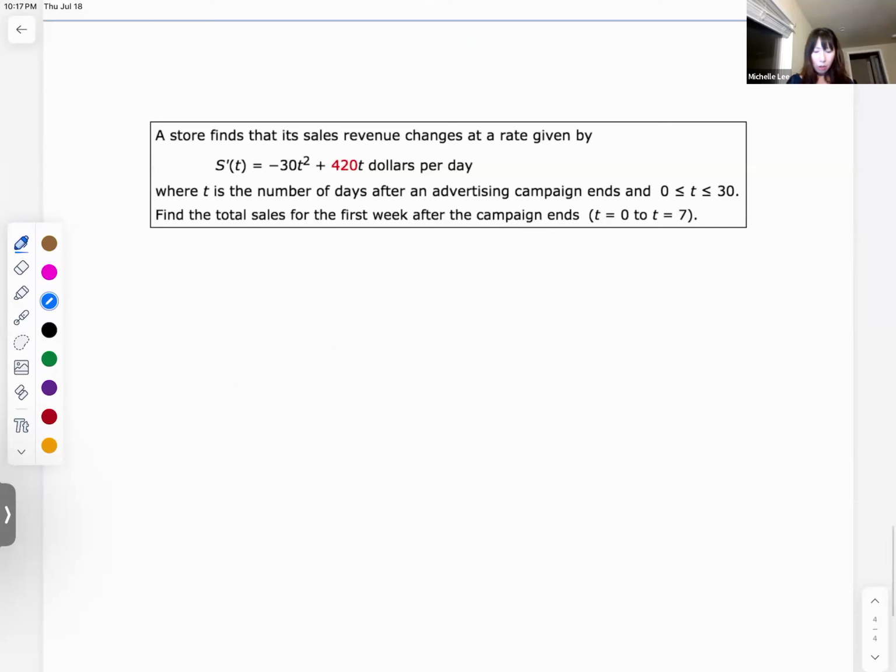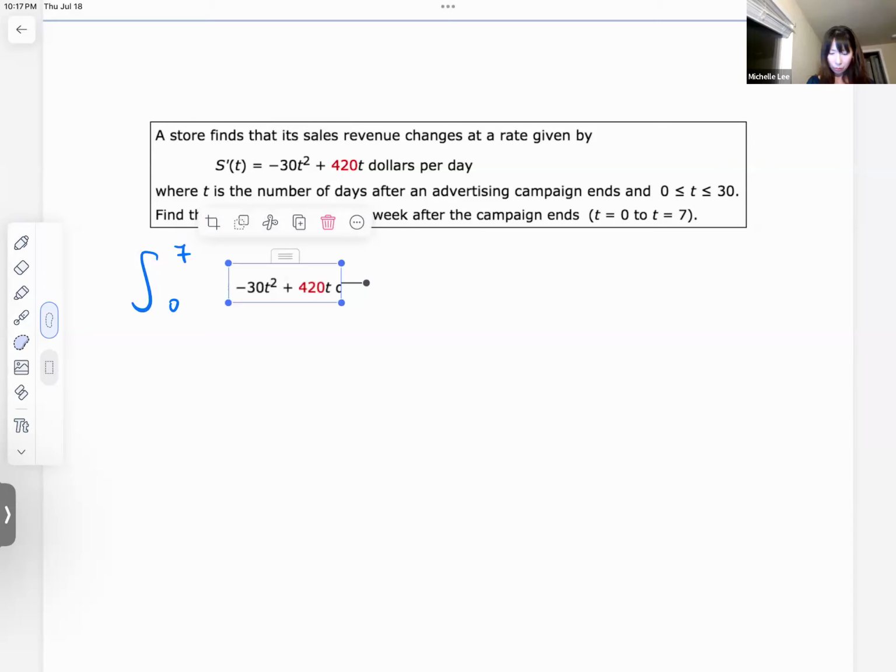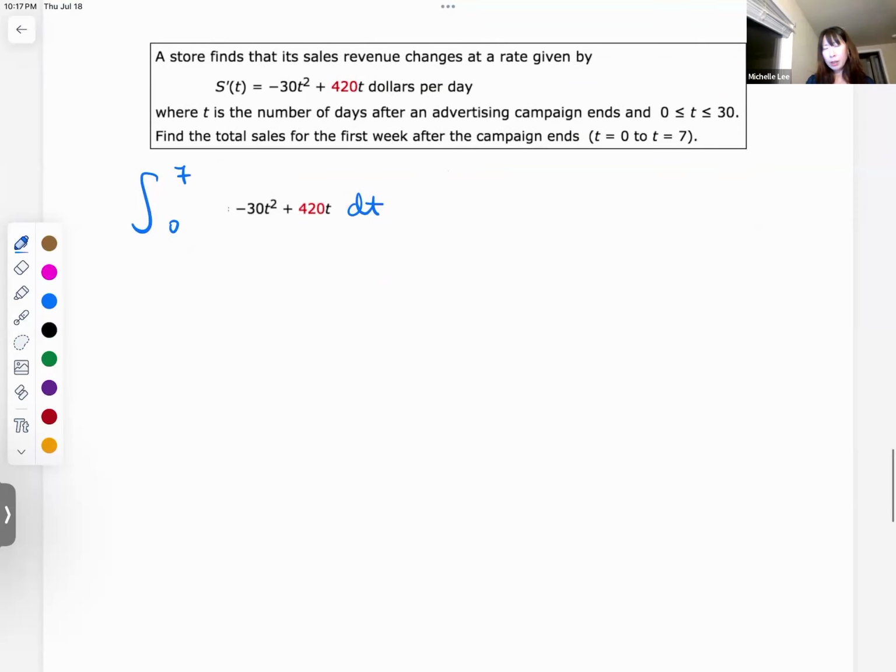All right, so we have this function, and we need to find the total sales for the first week after the campaign ends, t equal to 0 to 7. So we want the antiderivative of this function from 0 to 7. And we need to integrate term by term, right?